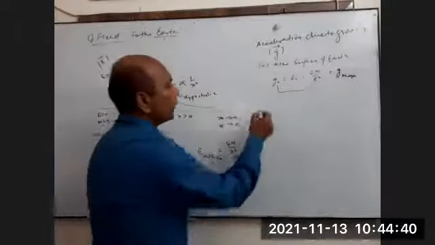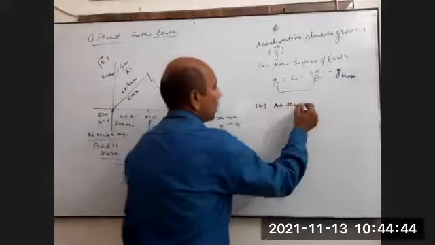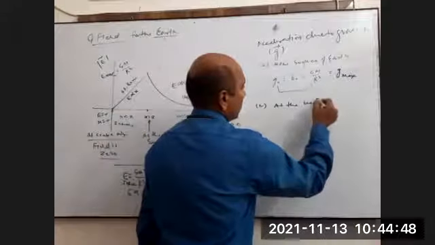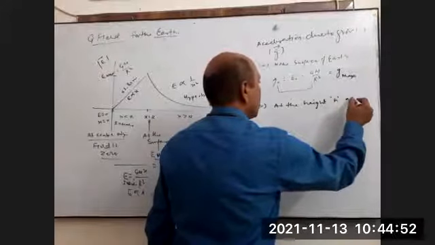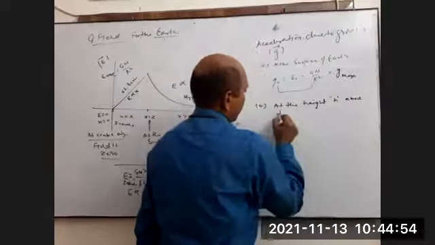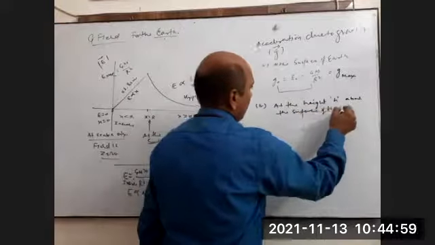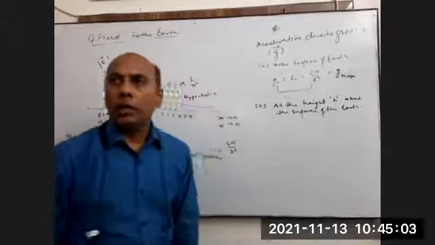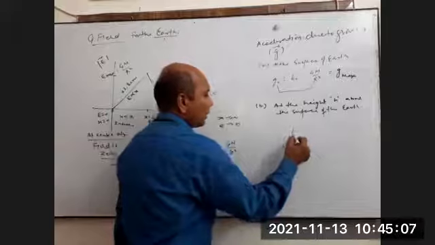Okay. Number B. At the height h above the surface of the earth. आमतौर पे h लेवल के अकॉर्डिंगली आता है कि भाई हमारे ये अर्थ ऐसे है तो इससे h लेवल ऊपर क्या हो जाए?